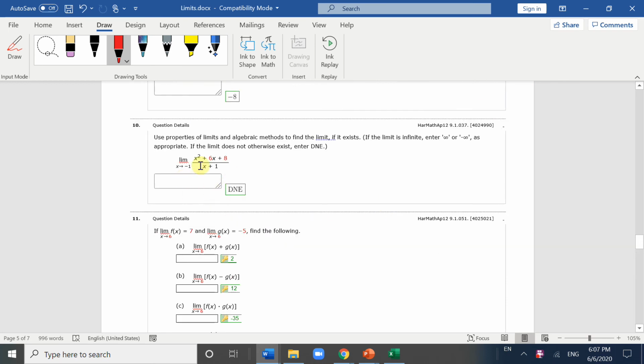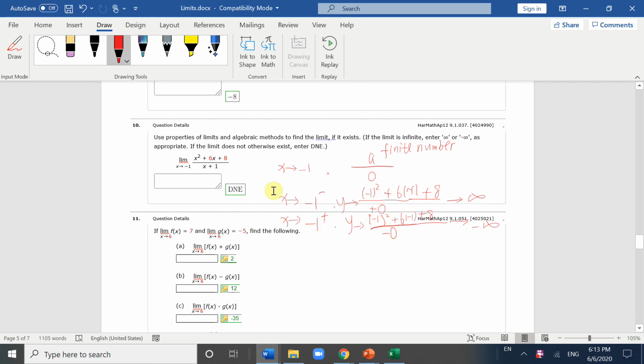And for number 10, x equals negative 1, the denominator is 0, but the numerator is not 0. The numerator is a finite number. So we see the left side, the limit. The numerator is a finite number, always positive, no matter from the left or right.